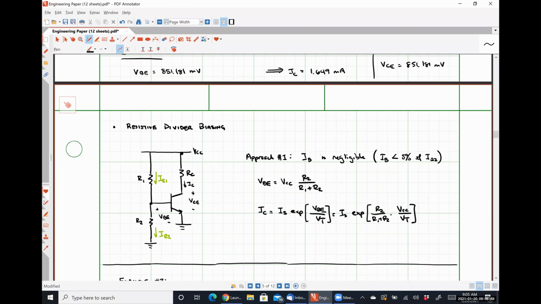So what I'm really doing here is I'm simply disconnecting this two-terminal network. So one terminal is at the base pin of the BJT, and the other terminal is at ground, and I'm going to find the Thevenin equivalent circuit of this, okay?